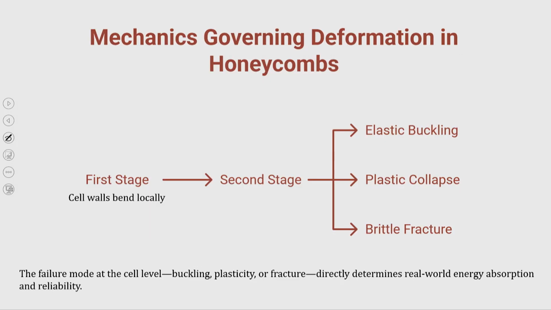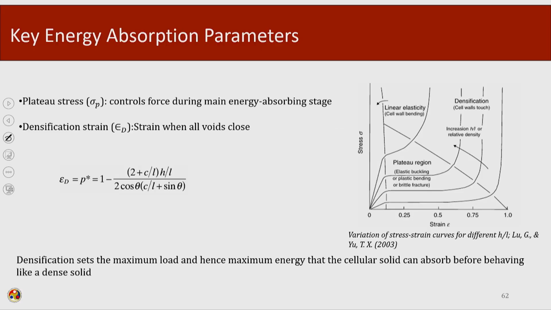Mechanism governing deformation in honeycomb: in the first stage the cell wall will bend locally, in the second stage elastic buckling will occur, then plastic collapse or brittle fracture will occur. These failure modes at the cell level, buckling, plasticity or fracture, directly determine real world energy absorption and reliability.